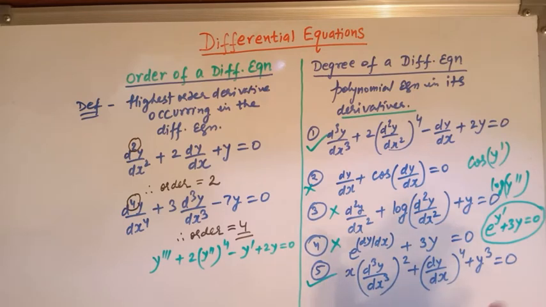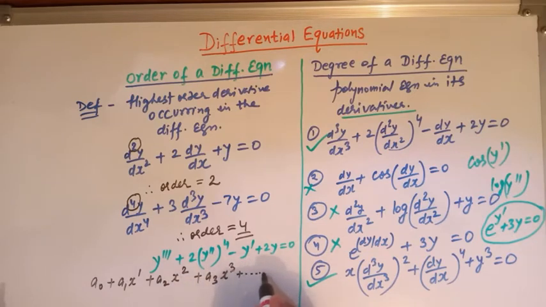Clear? Now here I would like to revise what a polynomial is. See, what is a polynomial? A polynomial can be written as a naught plus a1 x raised to 1, a2 x square, a3 x cube, and so on up to an x raised to n. So this is a polynomial, say p of x.